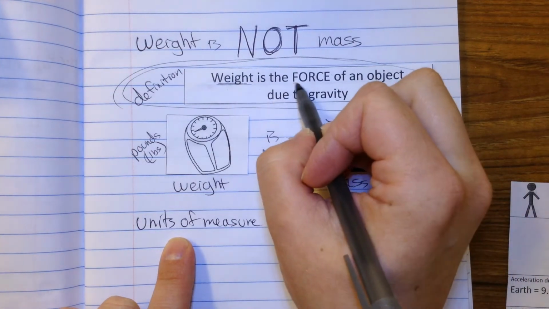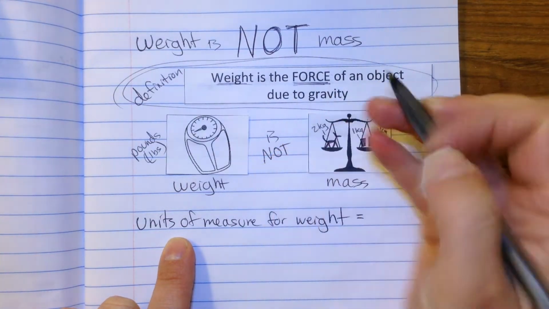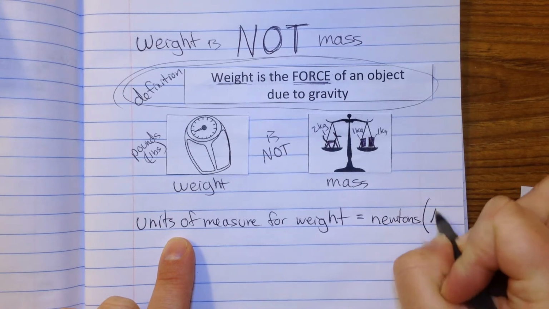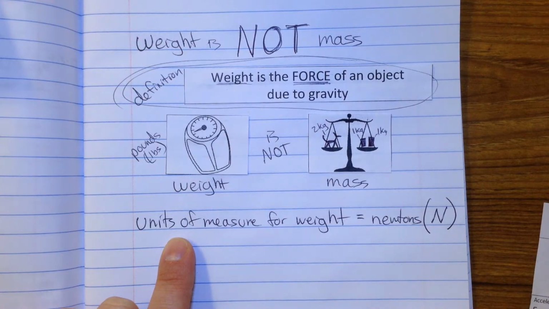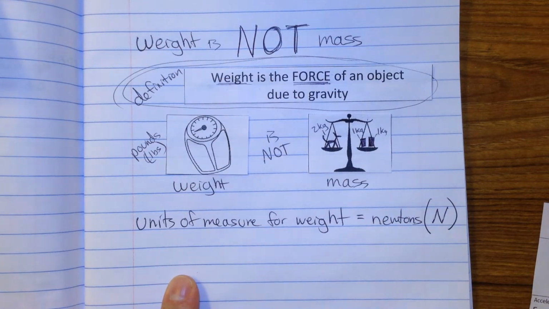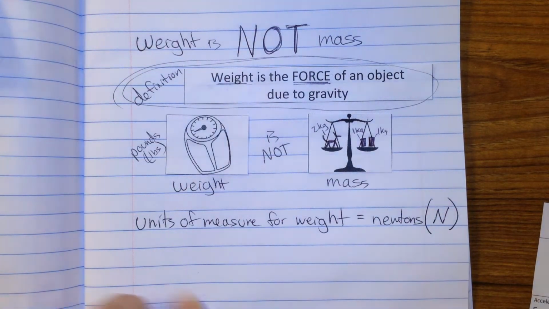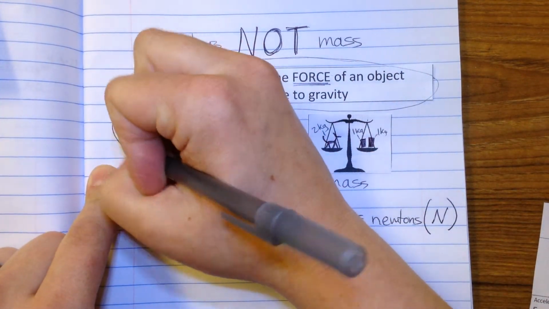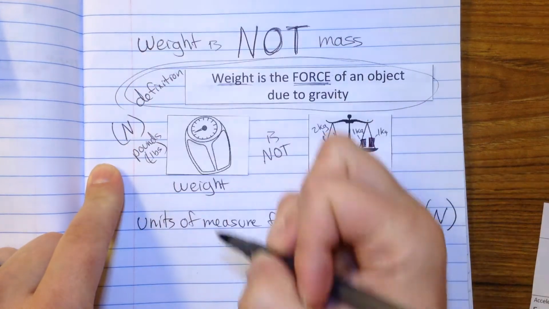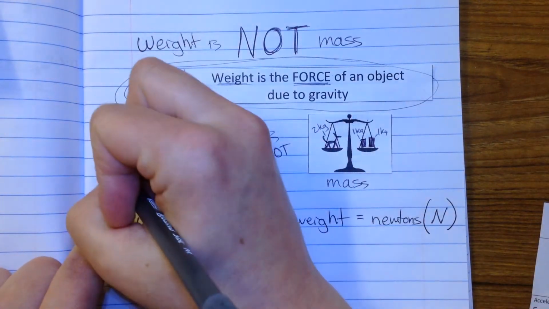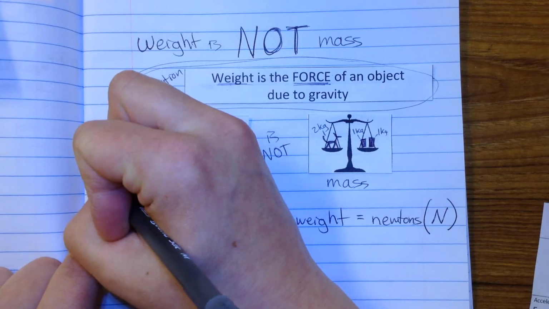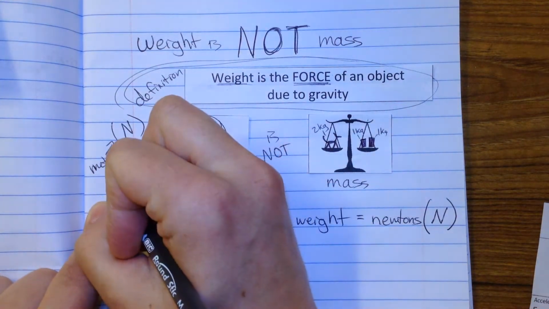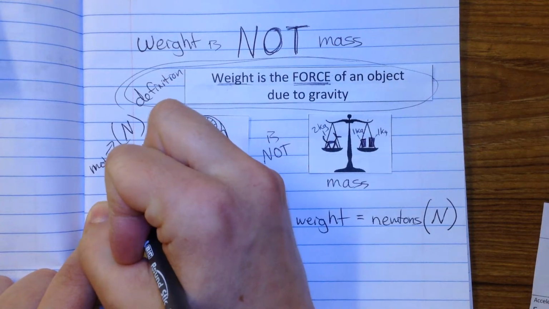If weight is a force, newtons. So over here, pounds, well, newtons. Newtons is the metric version of pounds. This is the English system.